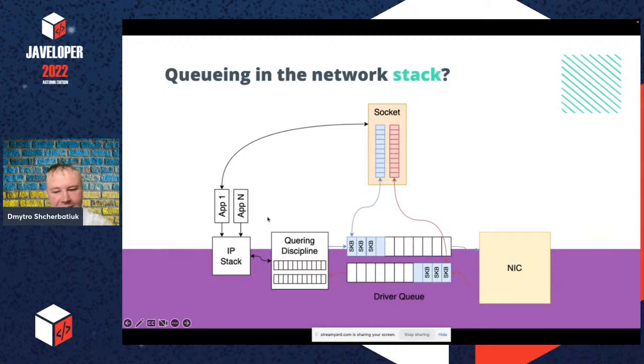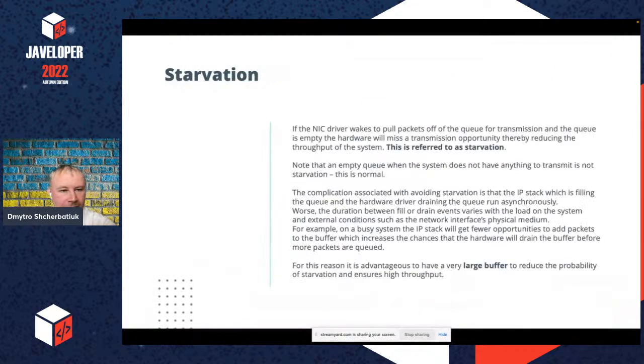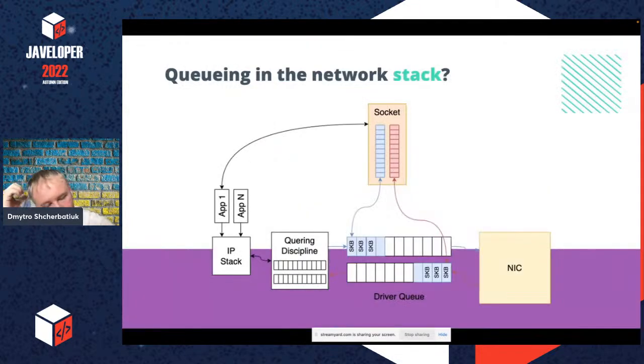So the IP stack and the network controller are two asynchronous parts in our system. Which problems can we have with this architecture? There are two problems: starvation and latency.